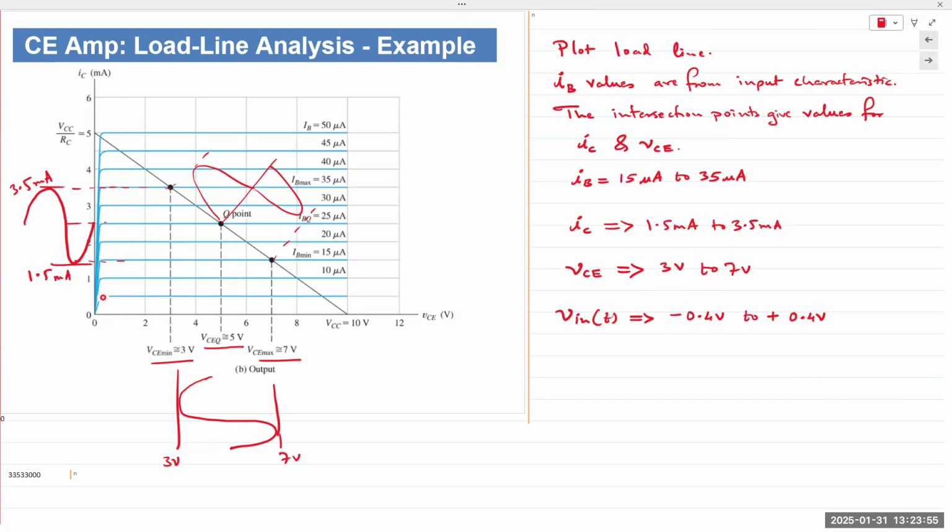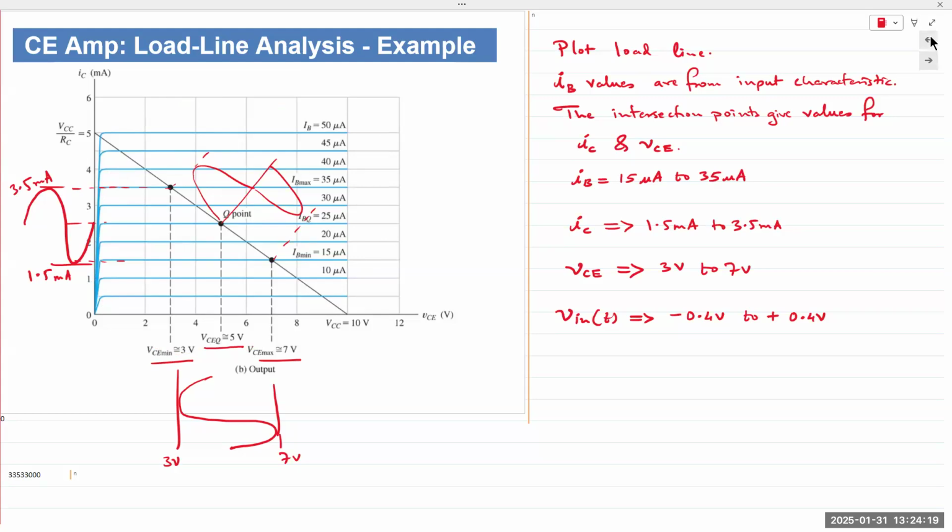IB is 0 microamps, no input. There's a function of IC, plot of IC as a function of VCE. 10, 20, 30, 40, 50, and you have a set of curves right here. Okay. Then you apply specific VCC and VBB voltages to bias or Q points in the center.